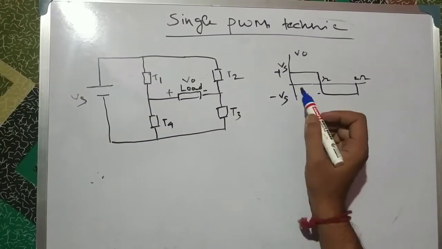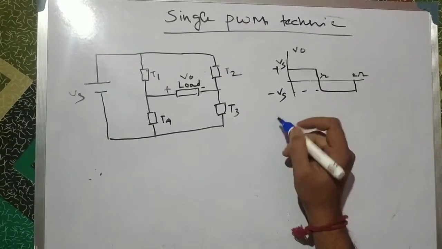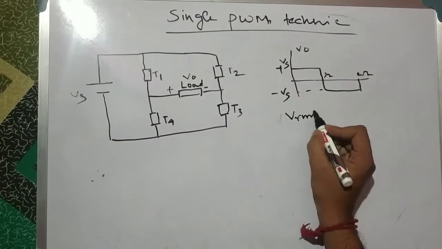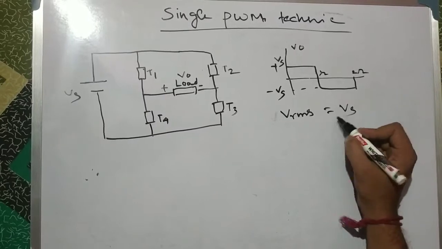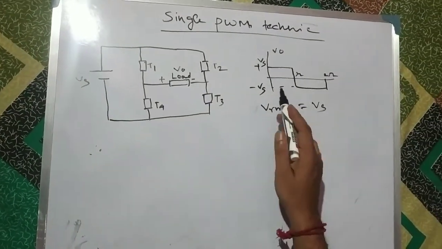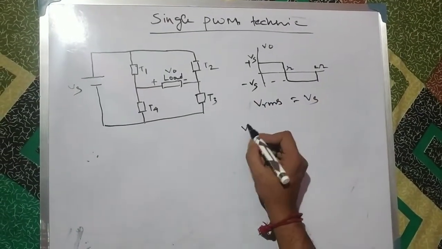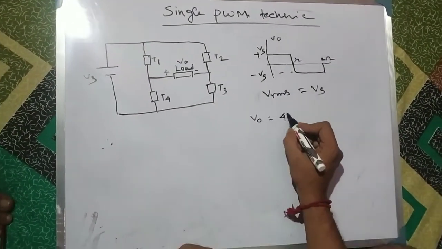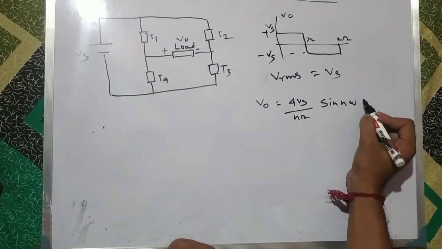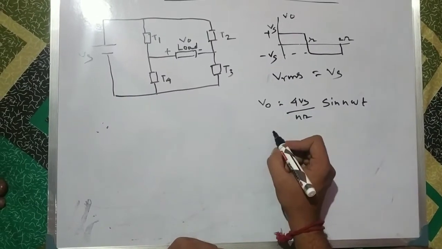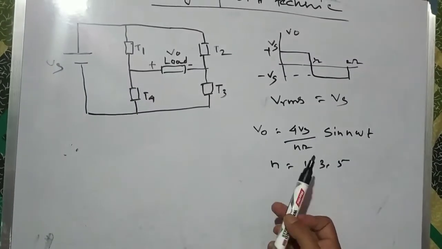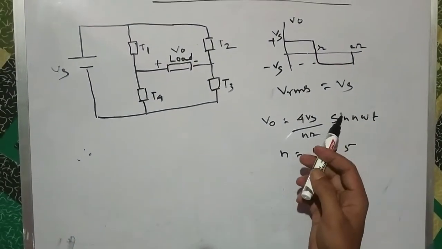The RMS value of this voltage, Vrms, equals Vs, and the Fourier series expression for this output signal is V output equal to 4 Vs by n pi sin n omega t, where n is 1, 3, 5, so only odd harmonics will be there.